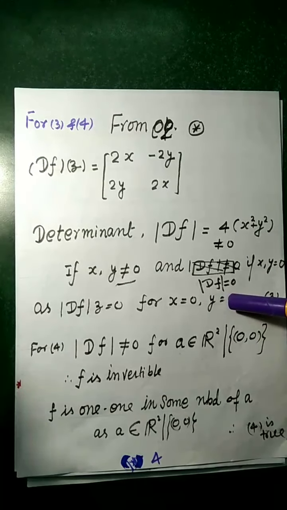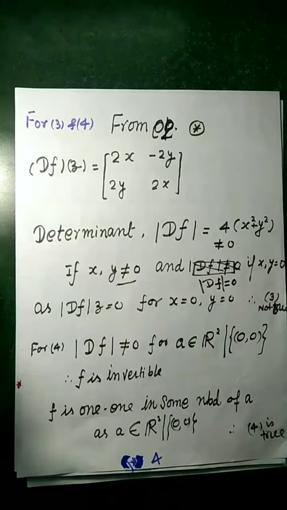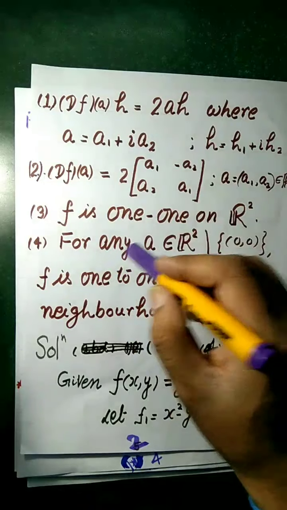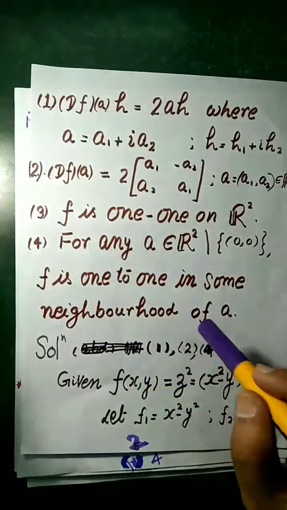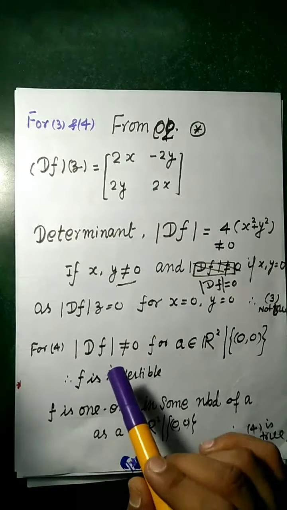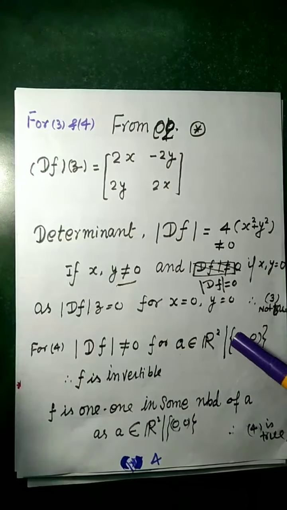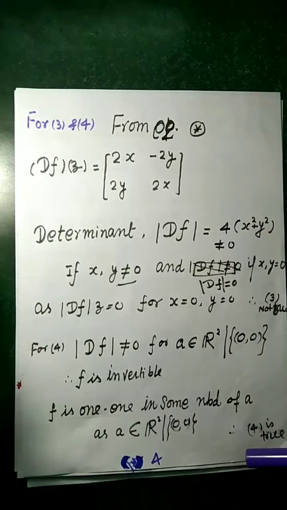Now let us check our last option, that for any a belonging to this set, f is 1-1 in some neighborhood of a. The determinant will not be 0 if this condition holds true.